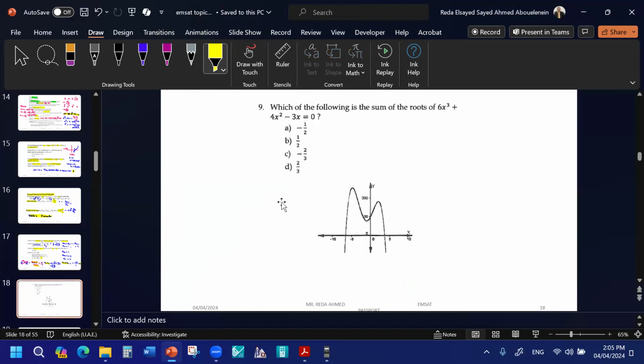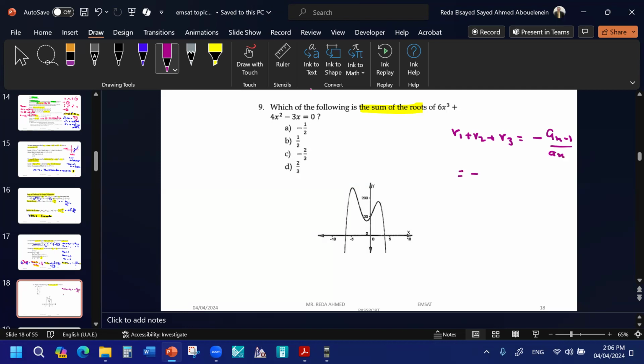So here, we can take an example or an exercise. Which of the following is the sum of the roots? We said before the sum of the roots, r1, for example, plus r2 plus r3 equals negative an minus 1 over an.